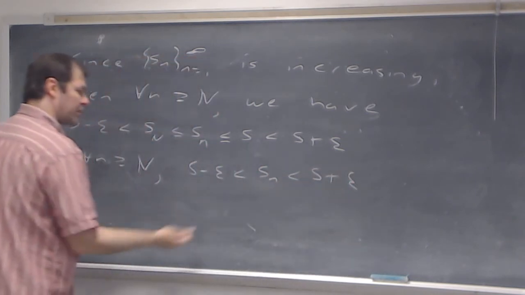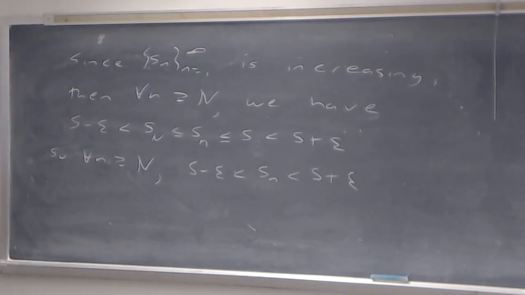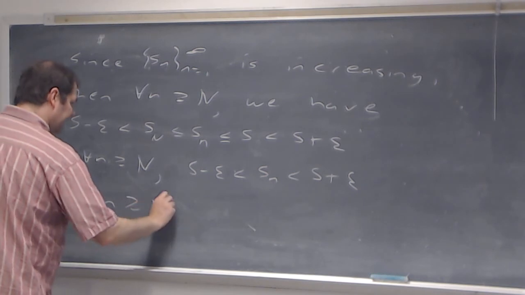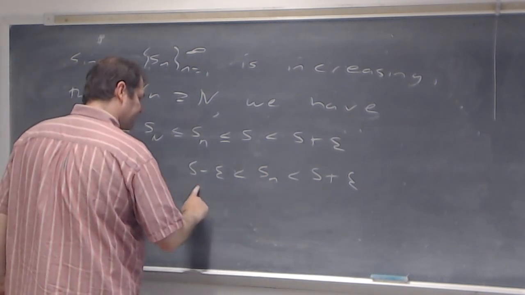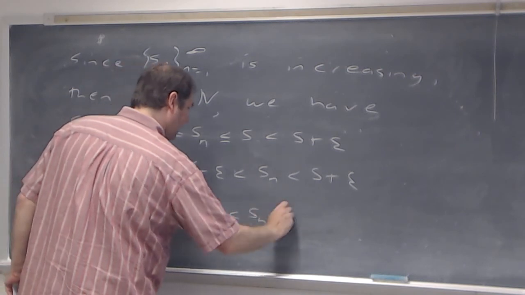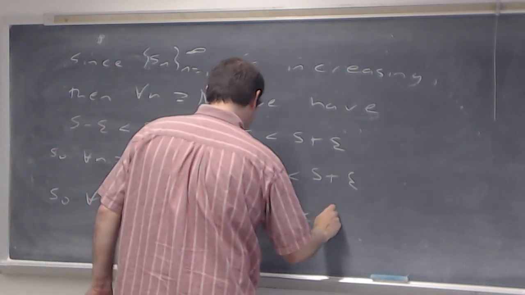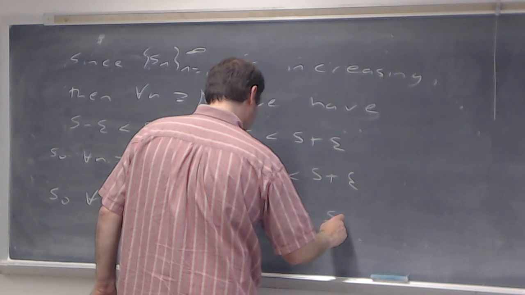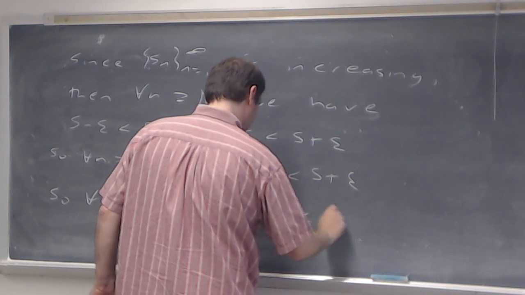So we write it a little bit more concisely with the objects we want to be looking at. For all n bigger than or equal to big N, if I subtract S from both sides, minus epsilon is less than S of n minus S, which is less than epsilon.